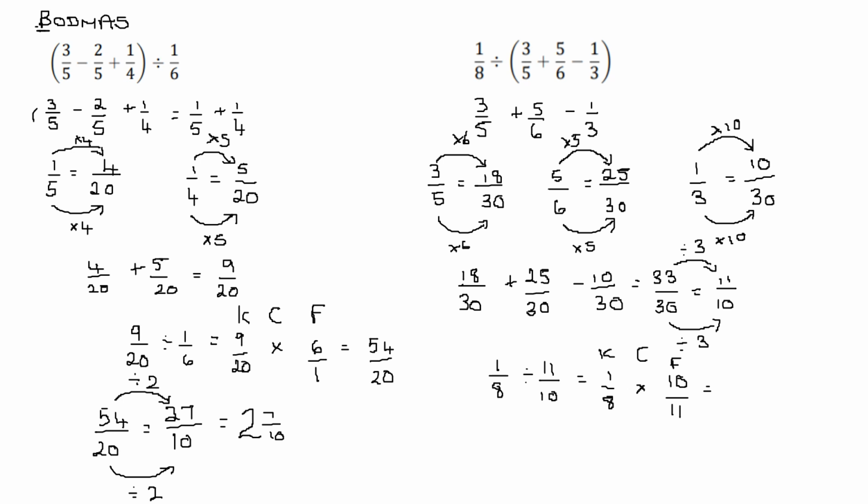And that's going to give me 10 over 88, and I can simplify that again by dividing both my numerator and my denominator by 2, and that's going to give me an answer of 5 over 44.